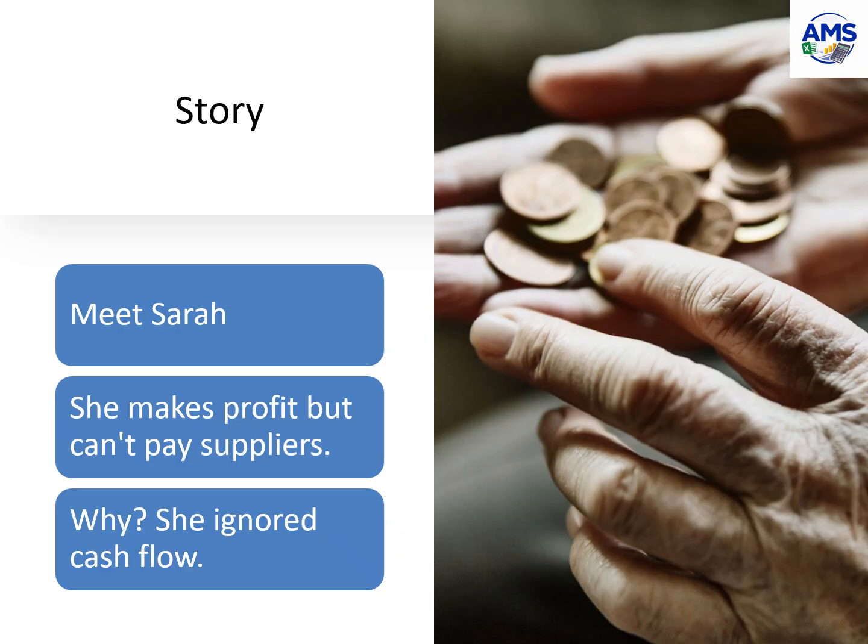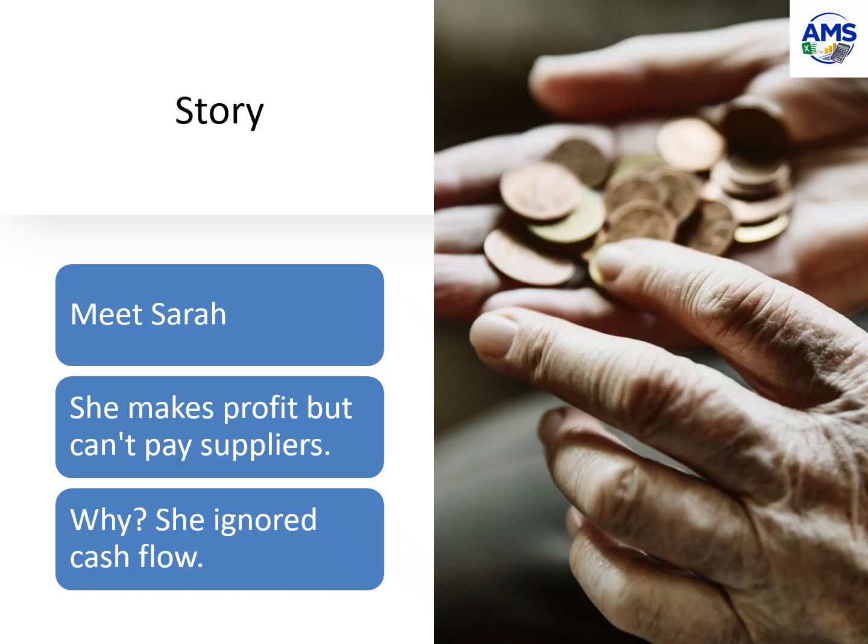Let me tell you a story. Let me tell you about Sarah. Sarah owns a small clothing business. Her sales are booming. Her income statement shows profits. But suddenly, she can't pay her suppliers.